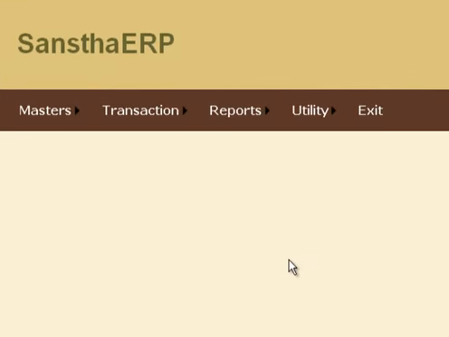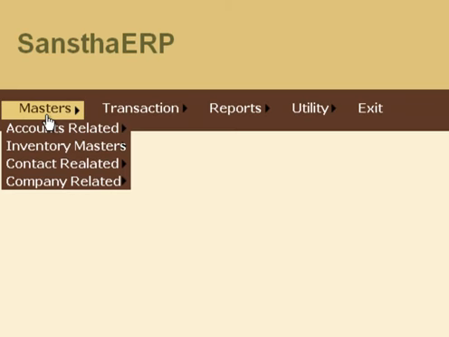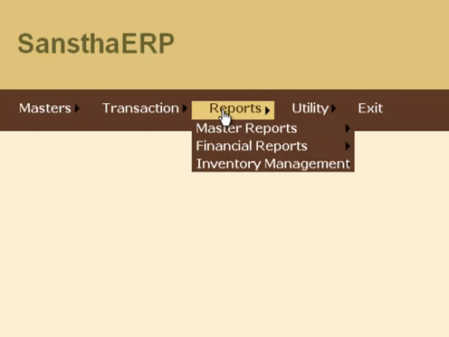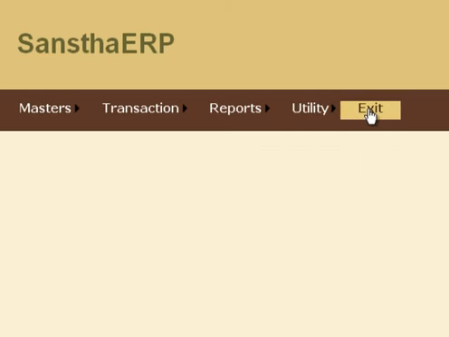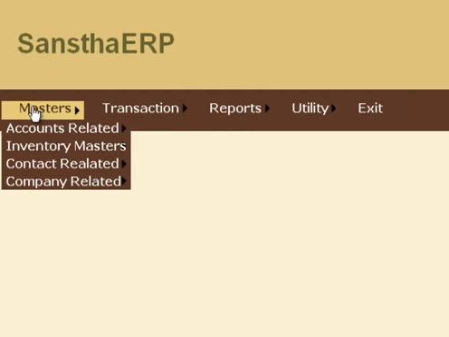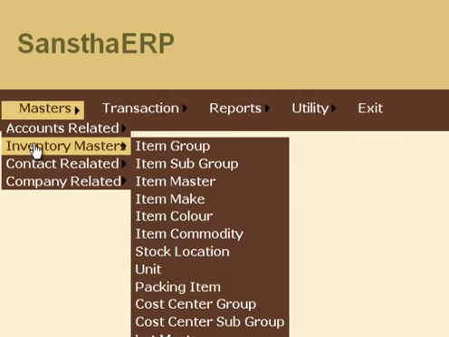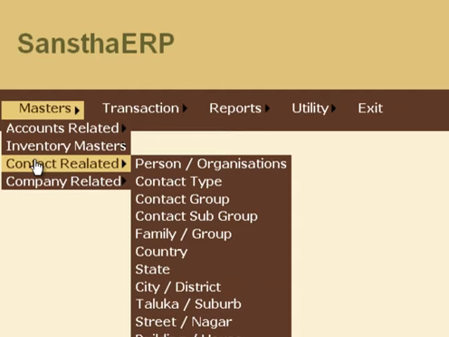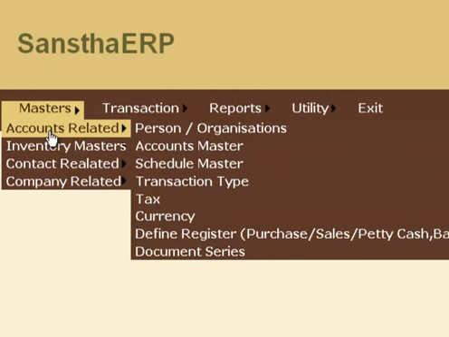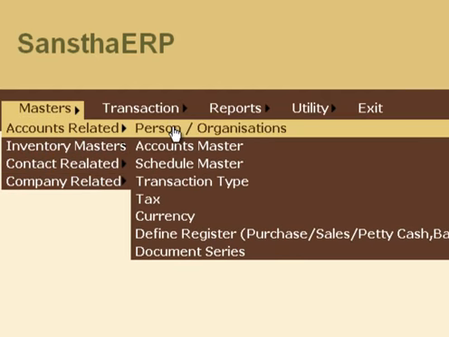Now we will go through the menu structure: masters, transaction, reports, utility and exit. Exit from the application. In master, we do one-time entry which will help you in further forms. In masters, we have accounts related, inventory master, contact related, company related. In accounts related, we have person and organization.